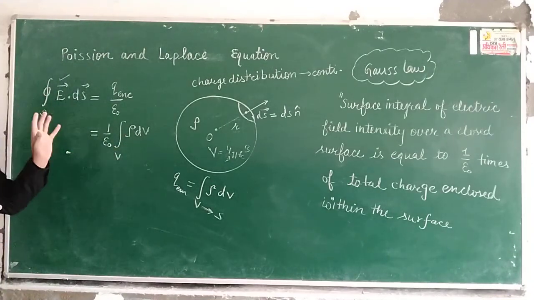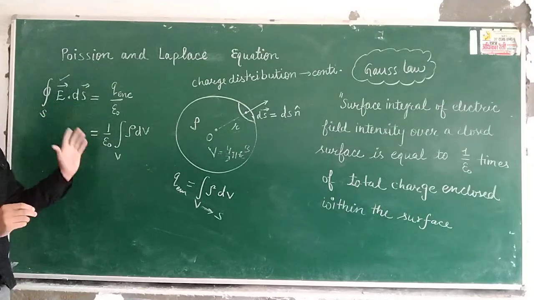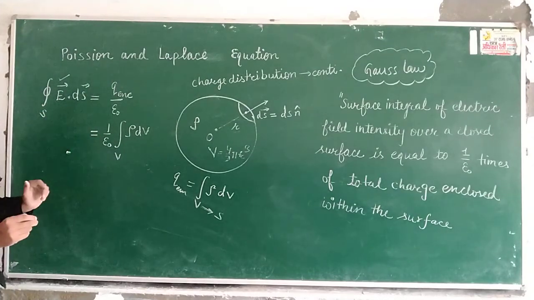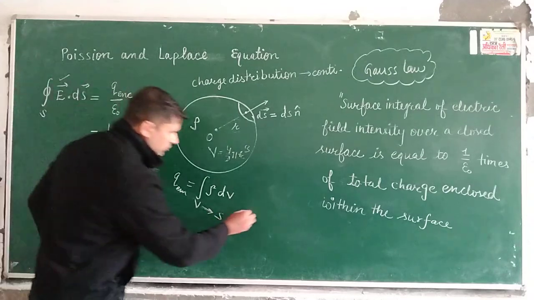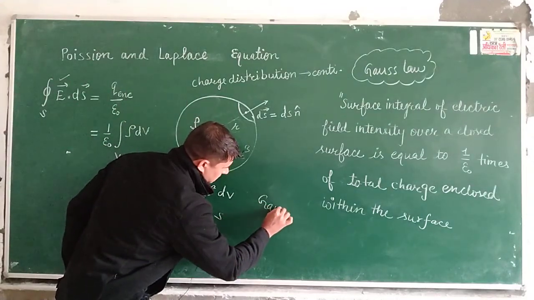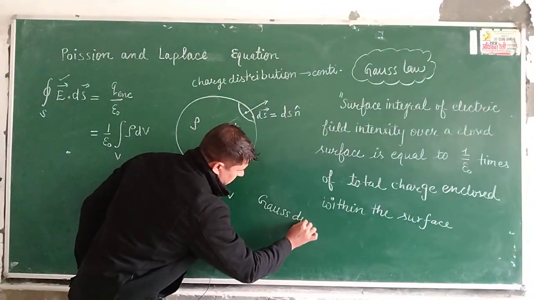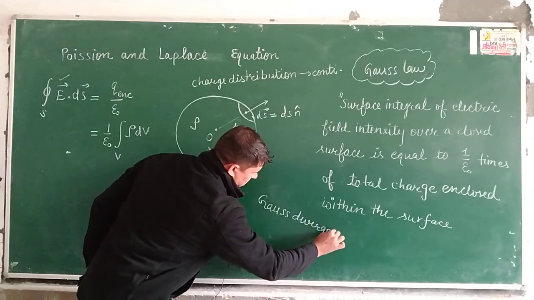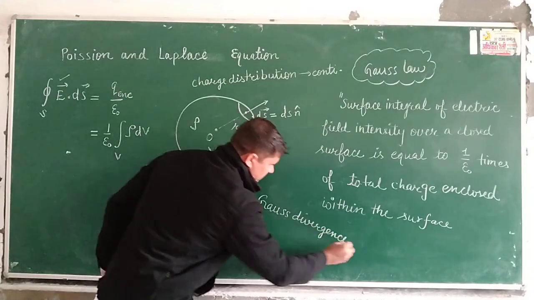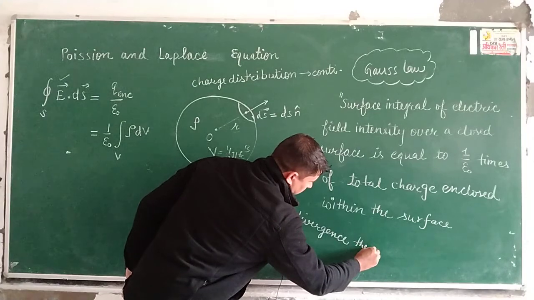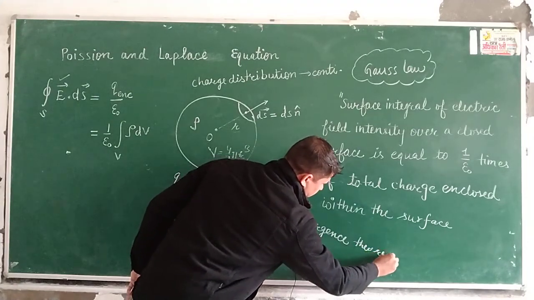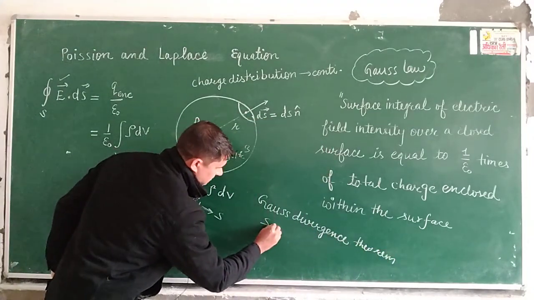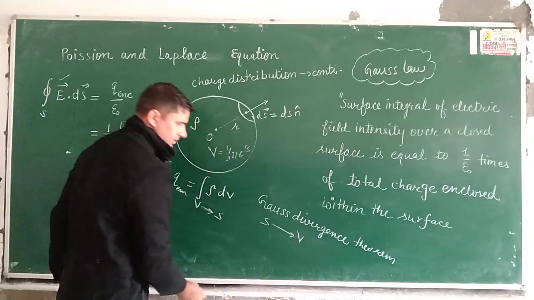So we have to think about how we can convert the surface integral into a volume integral. That we can do using Gauss divergence theorem, and this theorem connects the surface integral and volume integral.